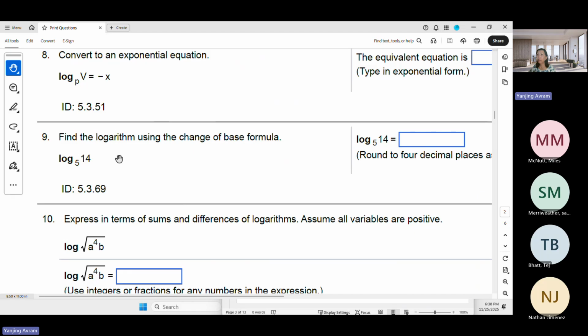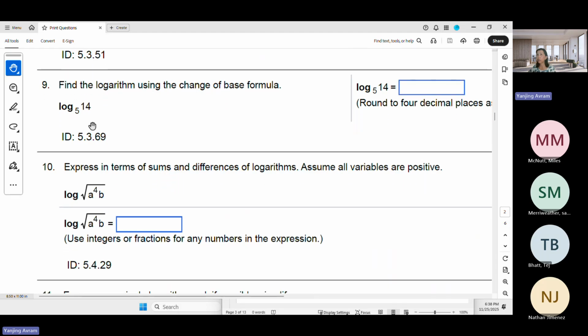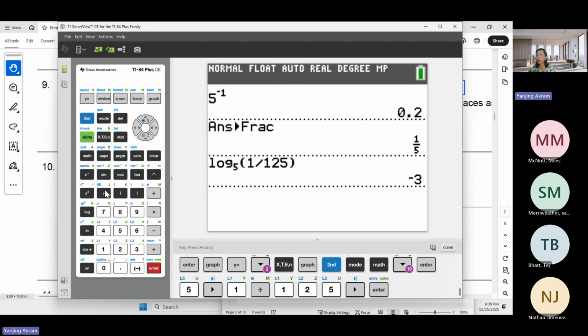Find a logarithm using the change of base formula, right? As I mentioned earlier, not every calculator will have a different base like 5 or 2. Some calculators only have the one here. This will be the common log.